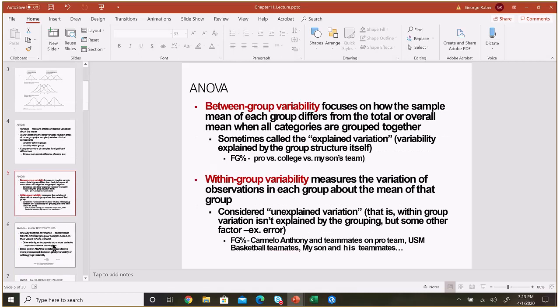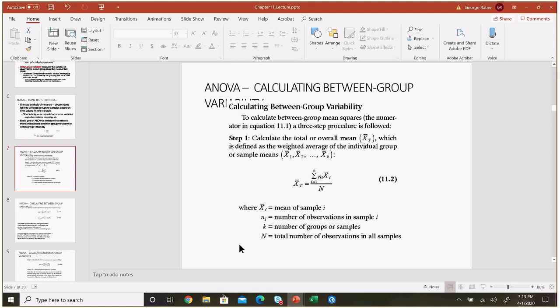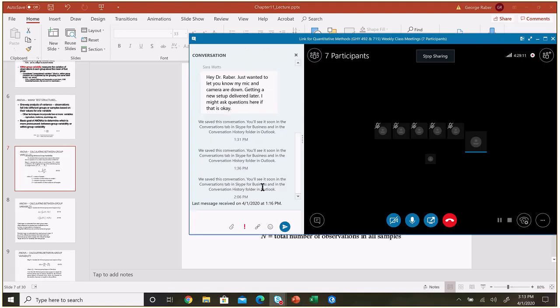So I'll get that assignment up now, and then you'll have chapter 10 and chapter 11. I'll make chapter 10 due at the end of next week, and chapter 11 due the end of the week after, and then I'll keep staggering each one like that. Okay.